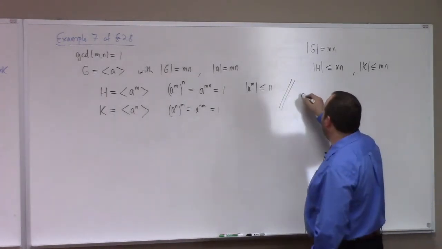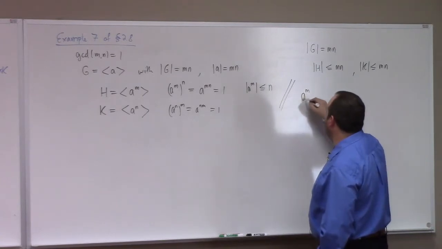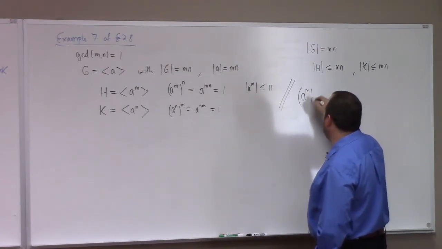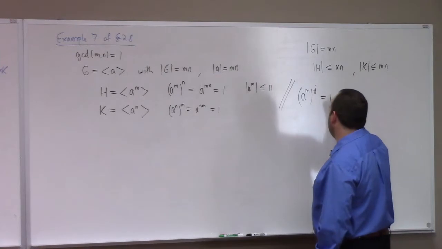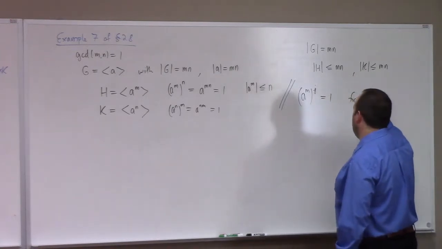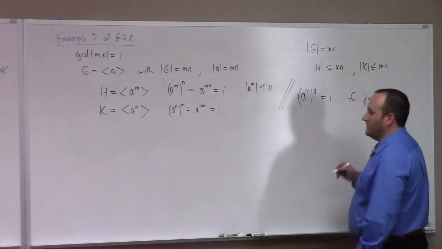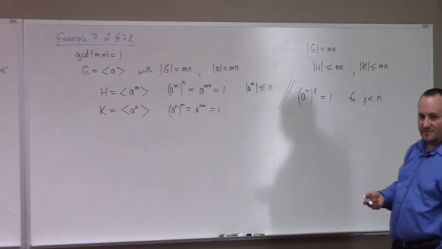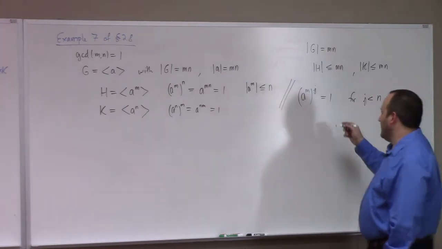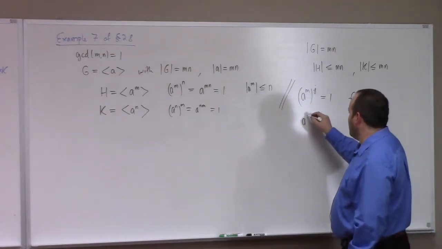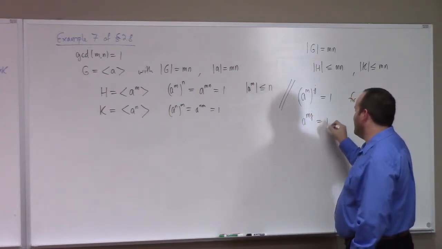So let's suppose that a to the m to the j is equal to 1 for some j less than n. We should come to some contradiction, right? And/or we should acknowledge that there's some obvious thing we're not using. So a to the m to the j is equal to 1, right?